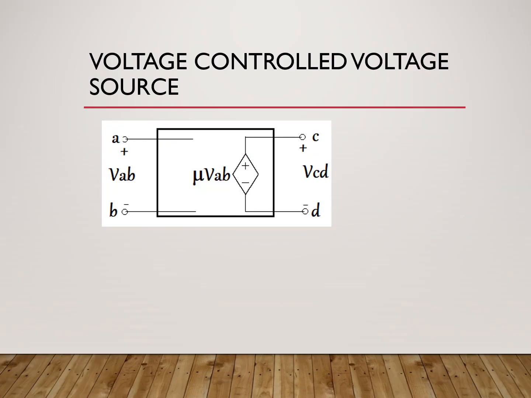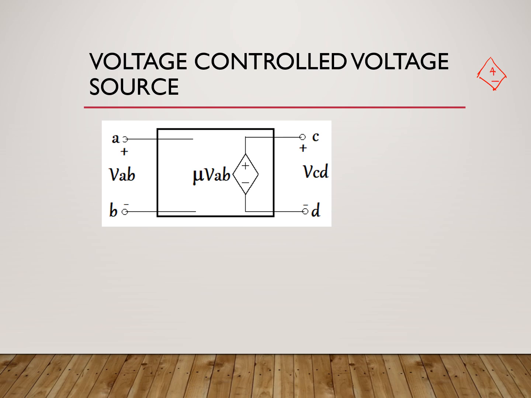When we are speaking about the voltage controlled voltage source, this is the representation of it. Like I said, all these are dependent sources. This is a dependent source because it depends upon a voltage. Dependent sources are represented by the diamond symbol, and since it's a voltage, it will be shown with the polarity.